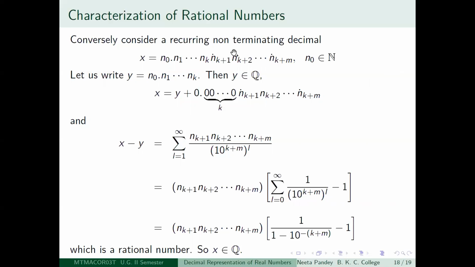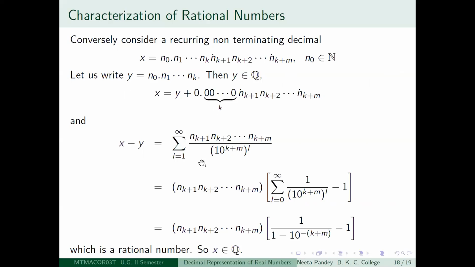So you are getting a recurring non-terminating decimal. So the nice part you take out, you look at n0 point n1 to nk, call it y. So what is x minus y? x minus y is just 0.000, k times, and then this recurrence from nk plus 1 to nk plus m.